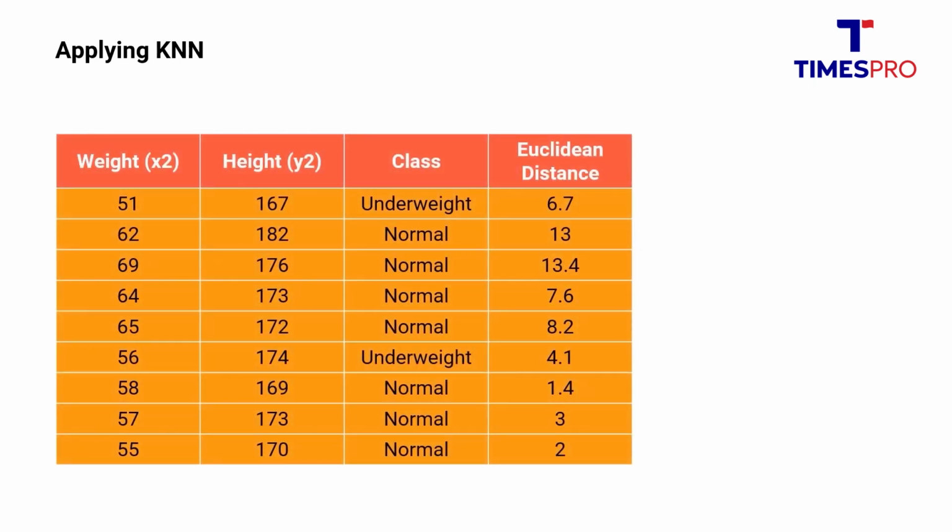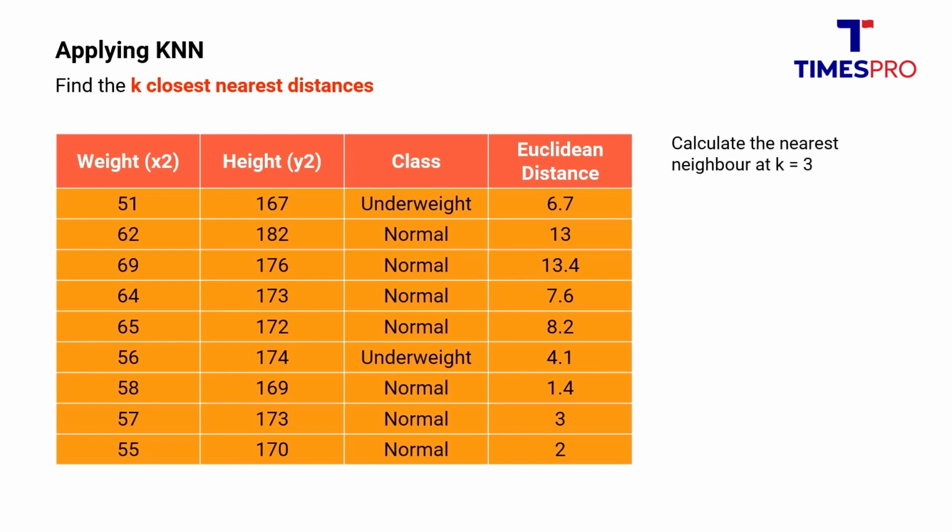Once we have all the distances, we next find the k closest distances. Let's assume k to be some odd number, that is k equals 3, and consider the 3 nearest neighbors. These are the 3 observations which are closest to the test observation.